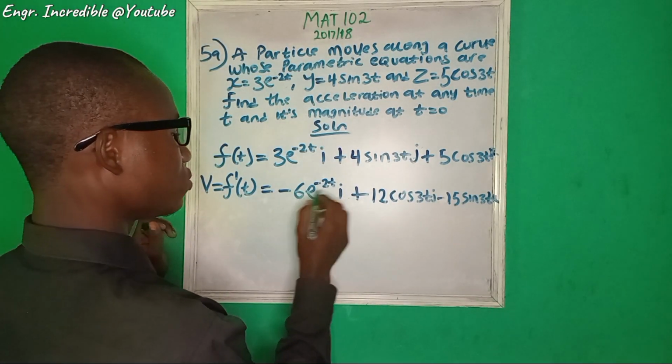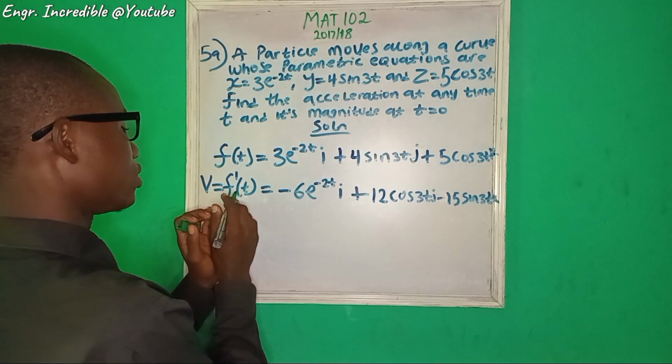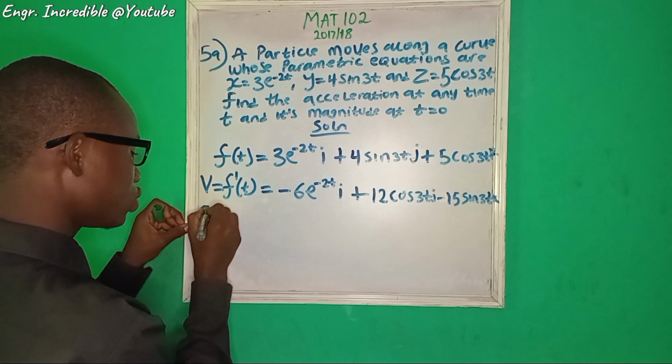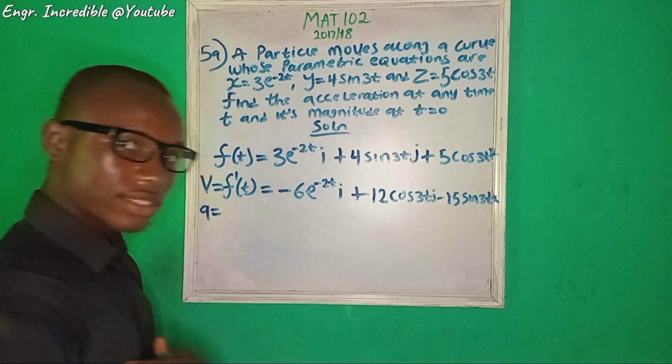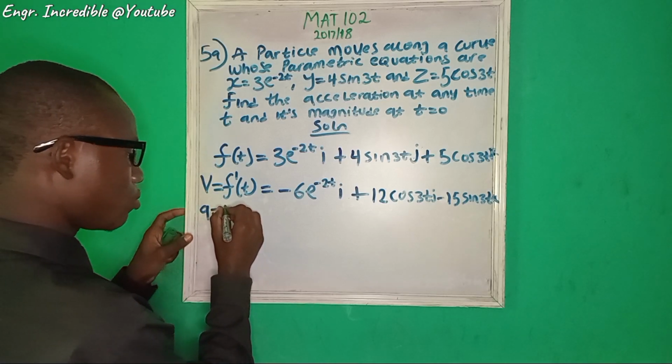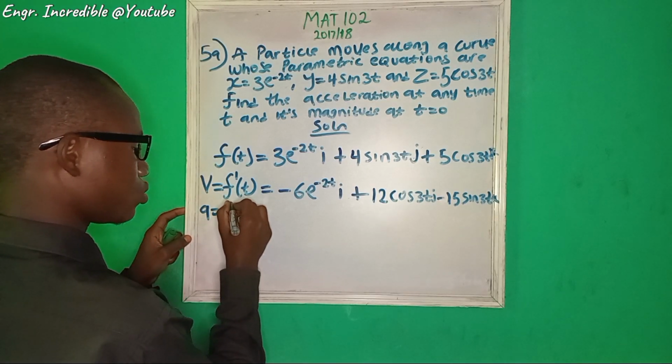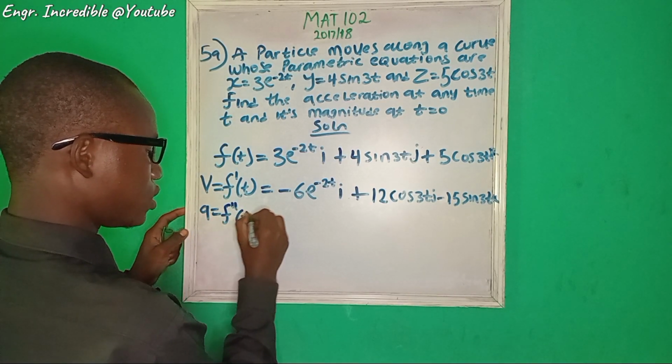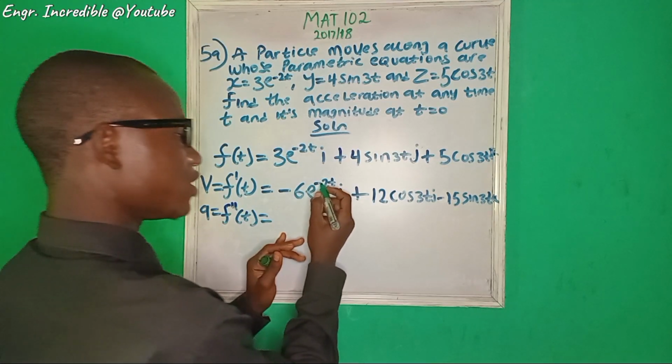So we have our velocity function, but our acceleration is equal to the differentiation of velocity, that is f double prime of t. So we differentiate this one again.